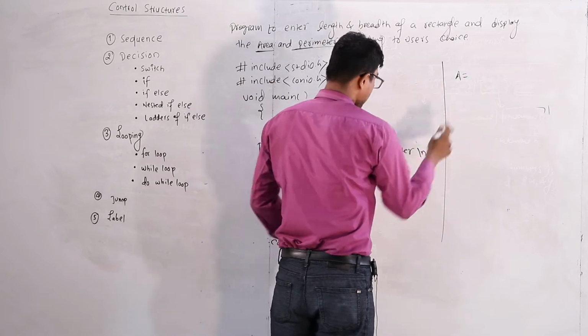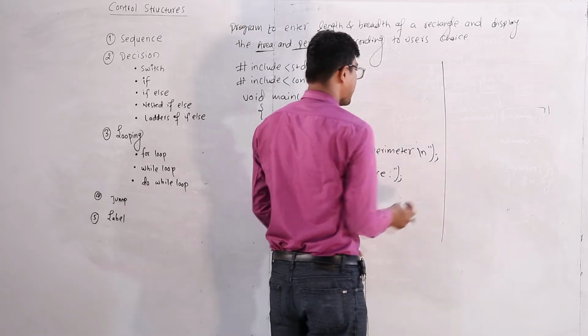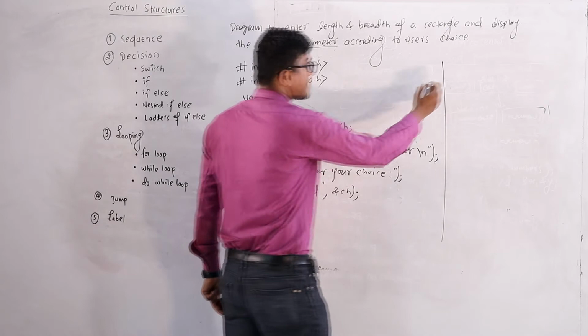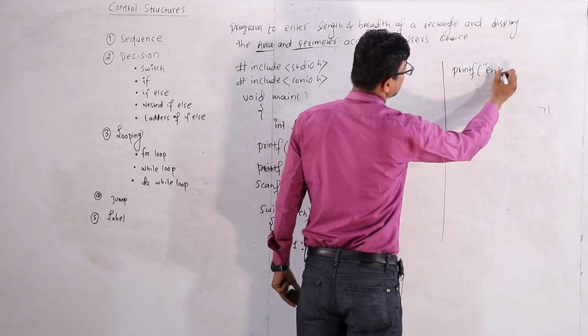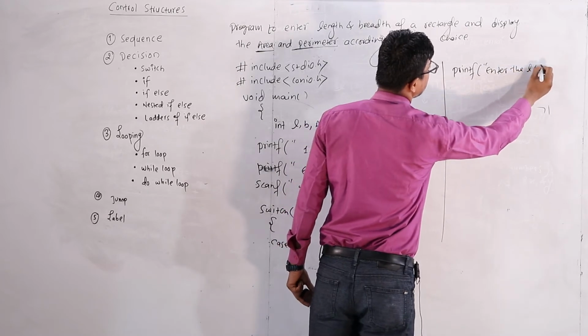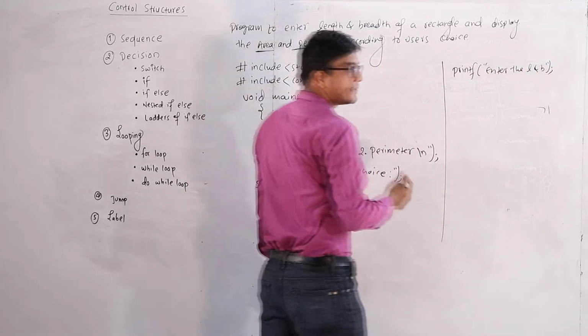A is equal to... before finding the area, you have to enter the values of length and breadth. Printf "enter L and B".